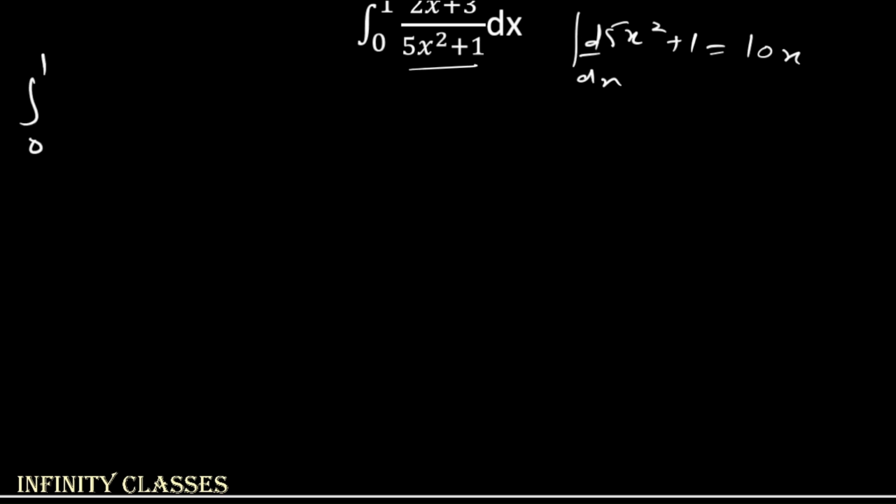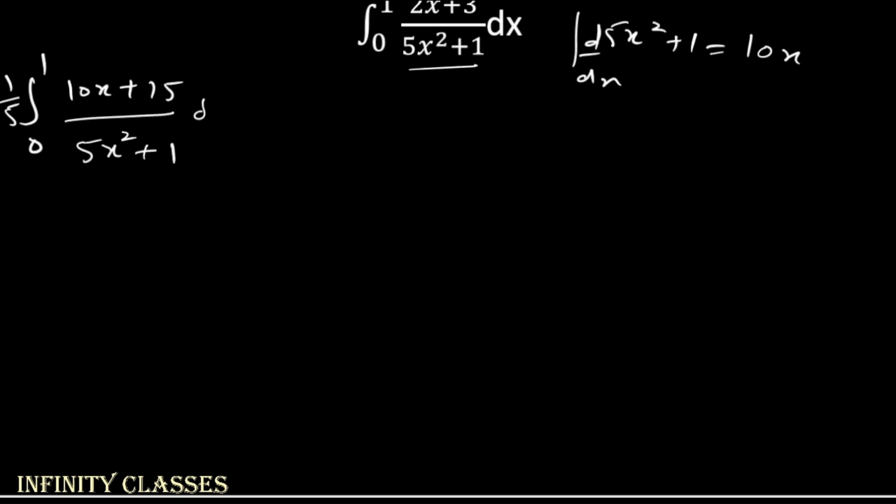So in this we require 10 here. So we will divide and multiply with 5. So it is 10x plus 15 over 5x square plus 1 dx. Okay, 10x plus 15 dx.